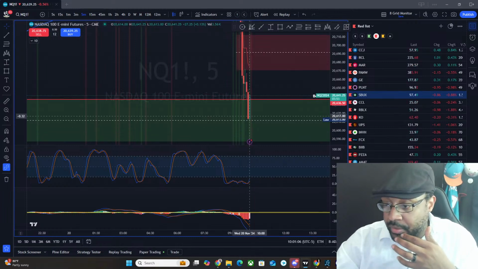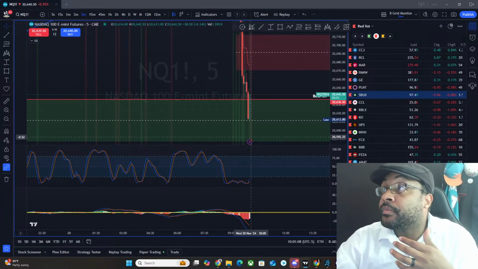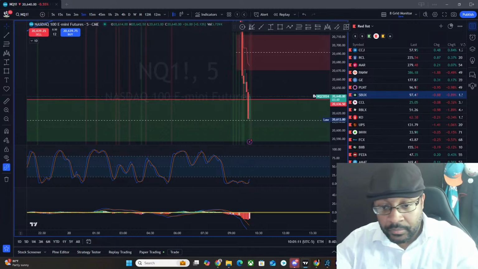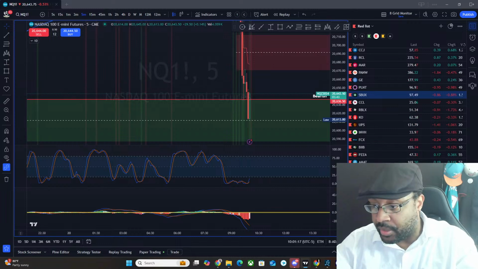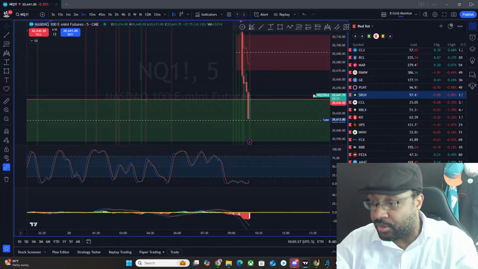All right, rejection somewhere around here. Unless they make a new higher high, trying to recapture all of it. And I've noticed that a lot with the opening range breakout, they recapture all of it.